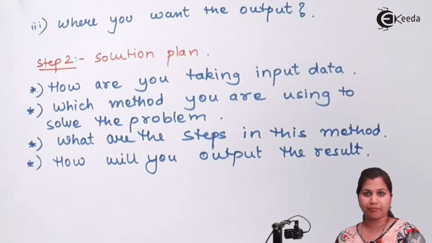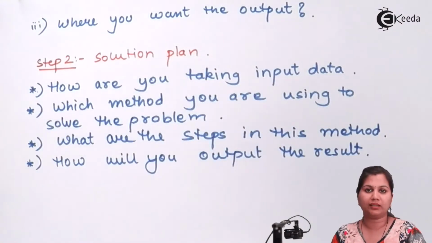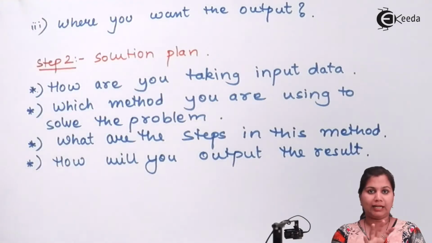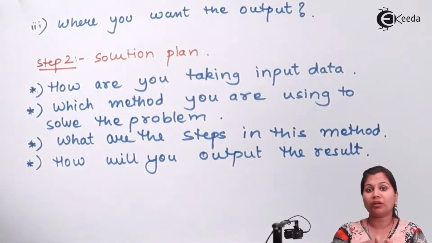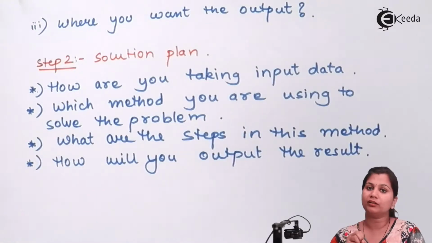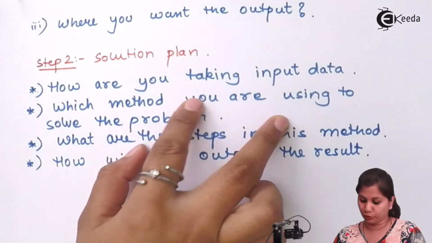So in this step number 2, first thing you will do is decide how you are taking the input data. In the first step, you know that our input data is stored in the register, or it is stored in the memory location. Now how you are going to take that data from that register and from the memory location, that you will decide in step number 2.